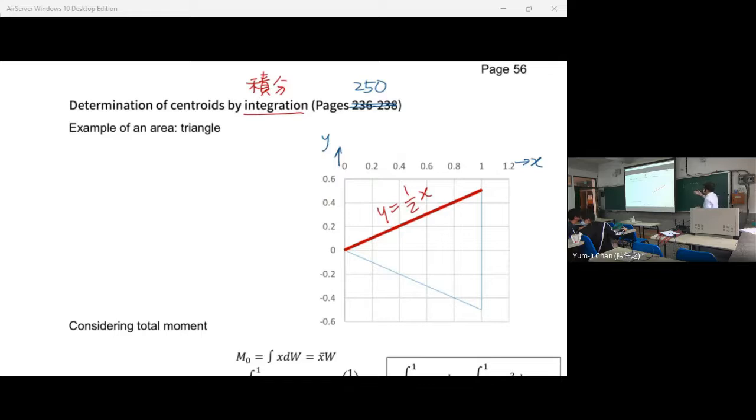Is that clear? Because when x equals 1, y is equal to 0.5. So it goes through 0. So this is y equals half of x. And similarly, this line is y equal to minus 1/2 of x.